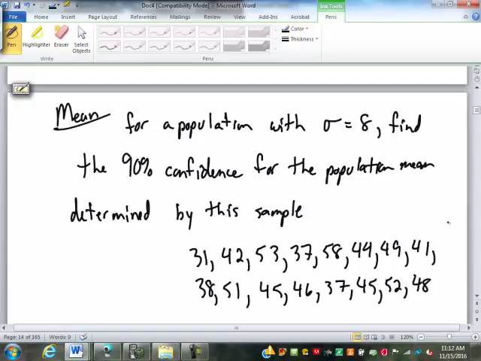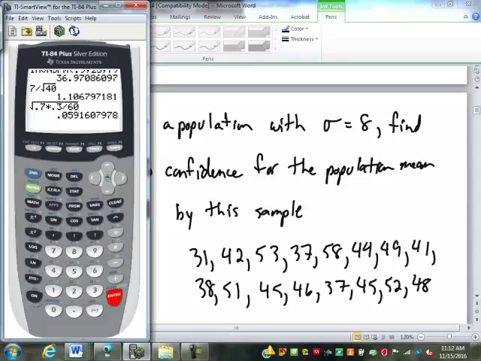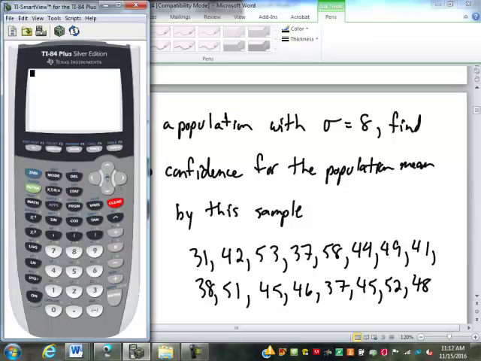So there's my numbers. What I have to do here first is enter that data. Here they did not give me the sample mean or the sample size. I can get the sample size by just counting how many numbers are there. They didn't give me the sample mean, just the list of numbers. Now I could calculate the mean and punch it in, but it's easier just to hit stat, edit.